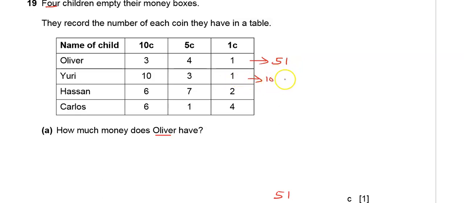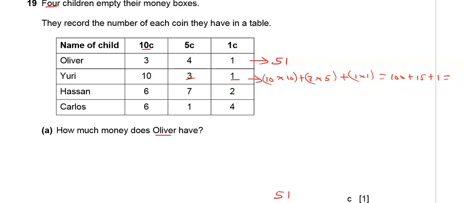Yuri has got 10 times 10 cent coins plus 3 5 cent coins plus 1 cent coin. 10 times 10 is 100 plus 5 times 3 is 15 plus 1.